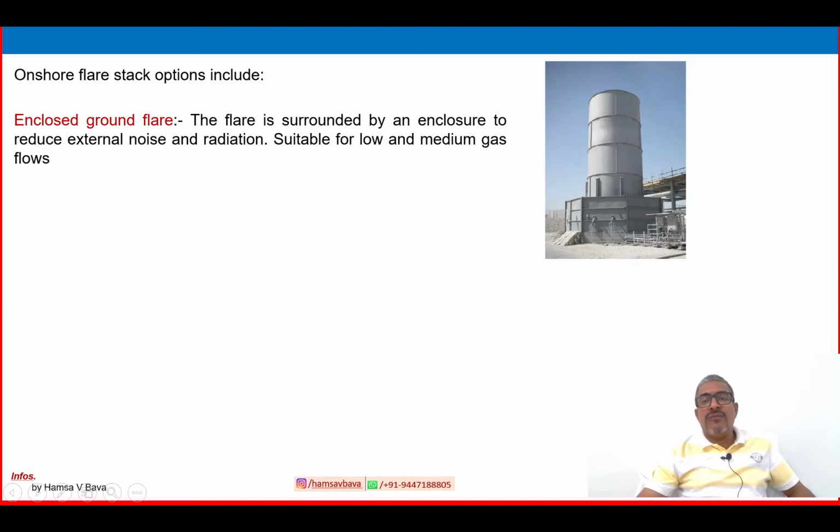Various options are available in onshore flare stack options. One is the enclosed flare. You can see here it is not much height, but it is an enclosed type, used mainly for atmospheric type flare, low pressure. The flare is surrounded by an enclosure, reducing external noise and radiation, suitable for low and medium gas flow.